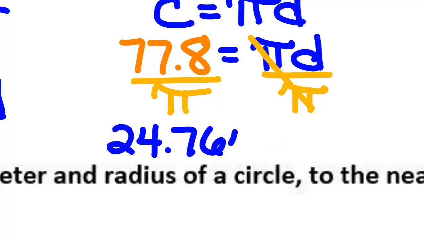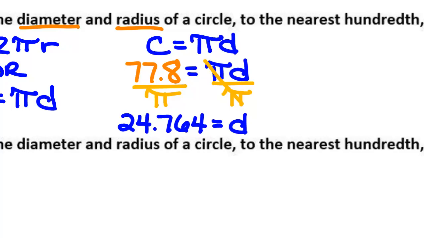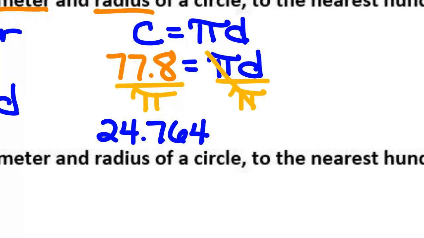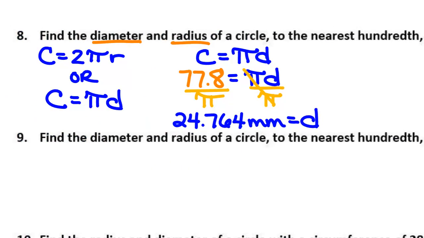I heard you incorrectly. You rounded it up? Yeah. Should we put units with that? Millimeters, thank you. The circumference was in millimeters, and so my diameter would also be in millimeters. Good answer.